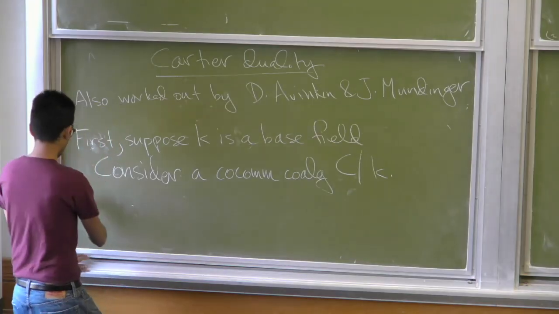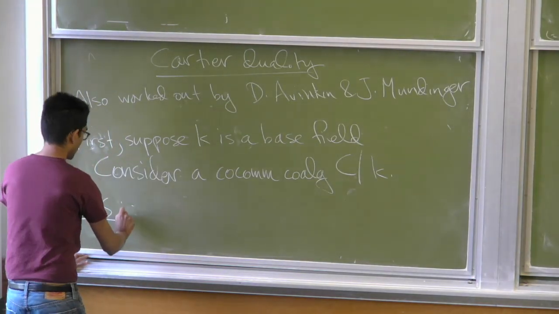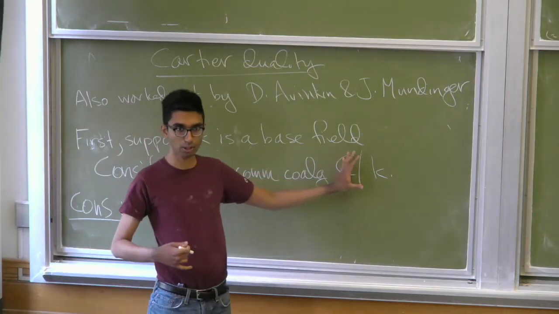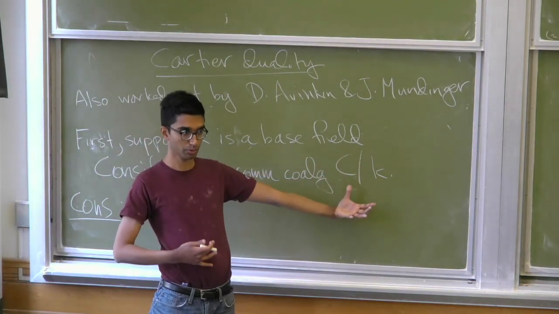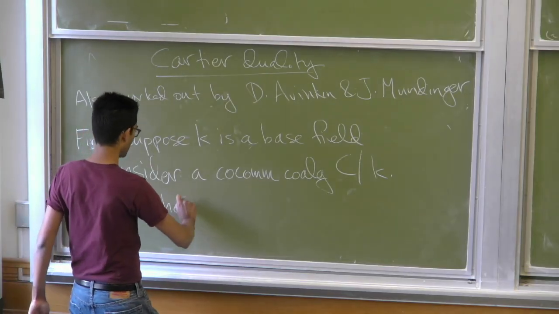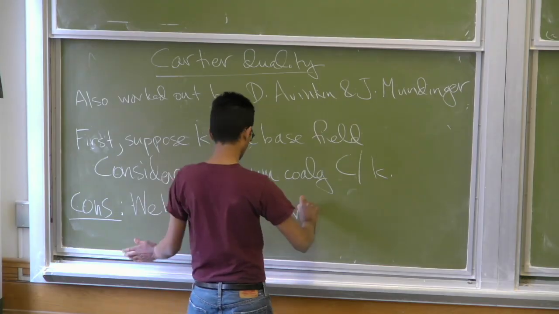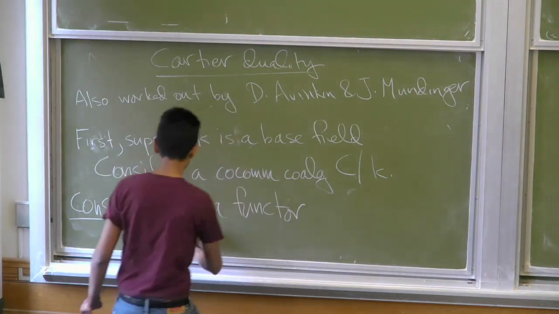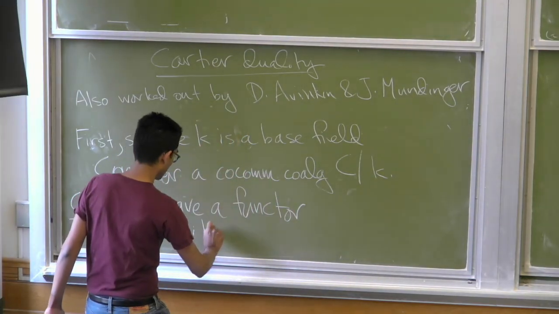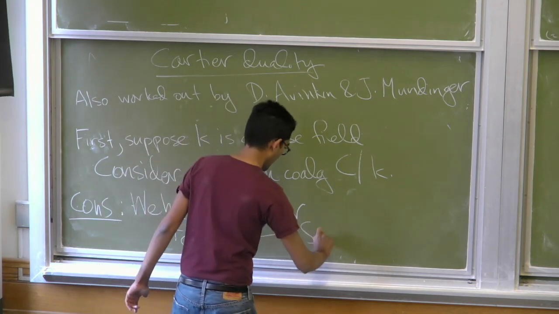Okay, so the following construction. Given C, we can use this to produce a functor from K algebras to sets, which I'll call F sub C, from the category of K algebras to the category of sets.